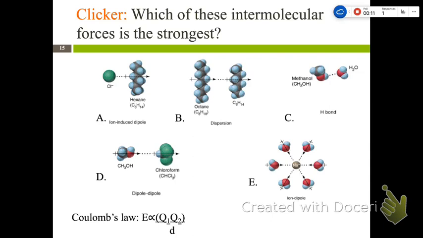So these are the different names for the interactions. We have an ion inducing a dipole. We have dispersion, London dispersion forces, or induced dipole, is B. We have hydrogen bonding, we have dipole-dipole interactions, and we have ion-dipole. Which one of these do you think is the strongest intermolecular force?